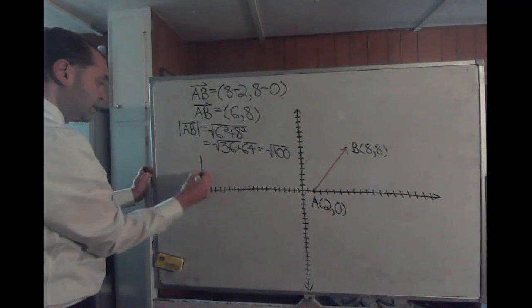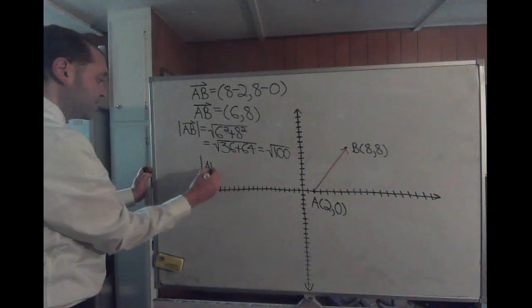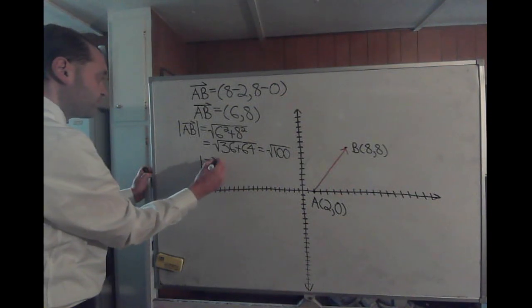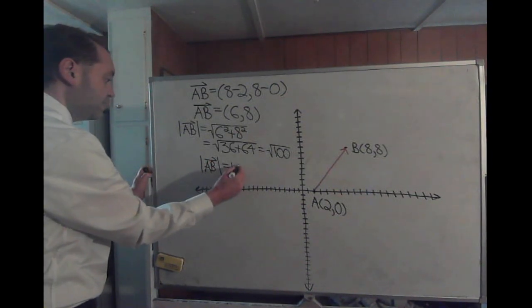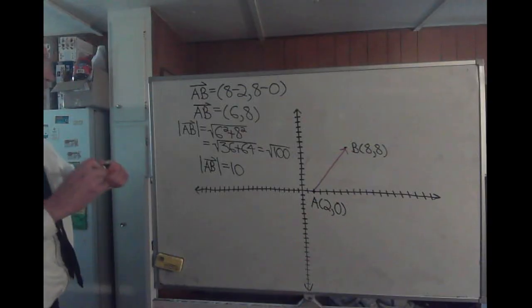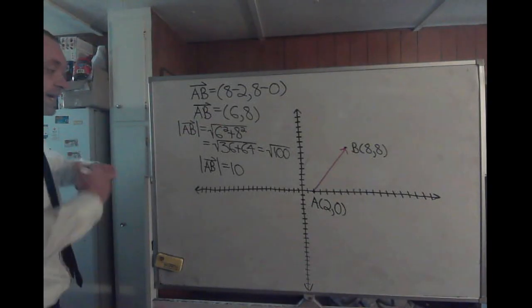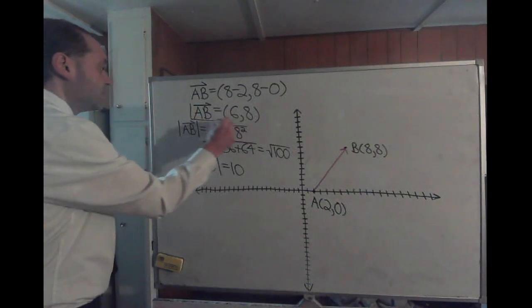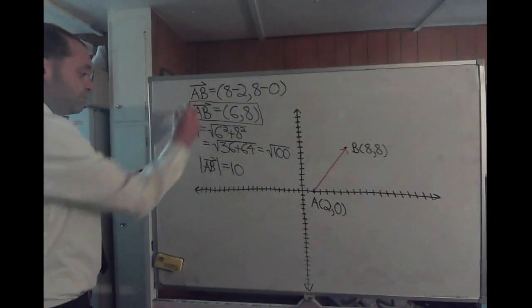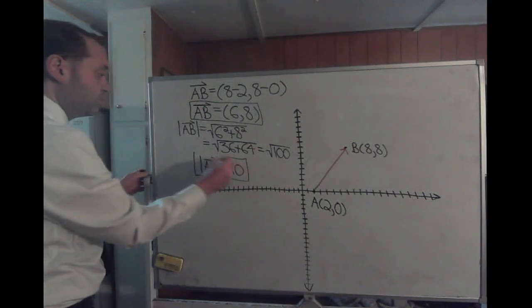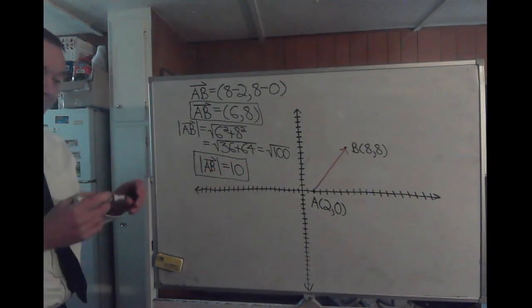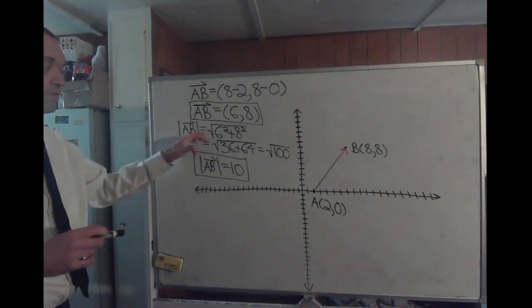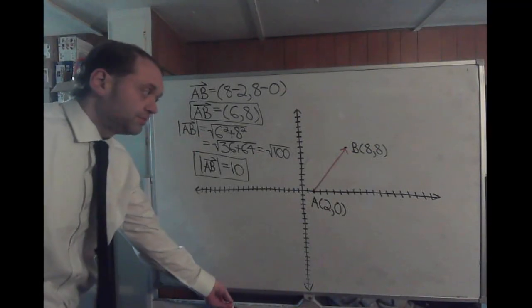So the magnitude of vector AB would be 10. The value of vector AB itself is 6, 8, and the magnitude would end up being 10 when you do the formula for the magnitude.